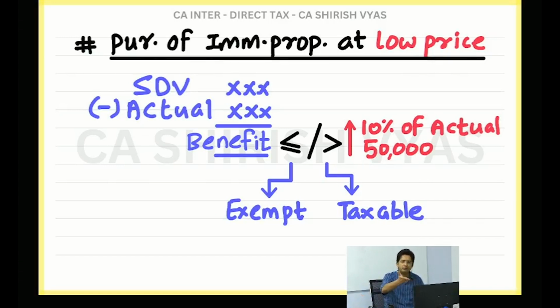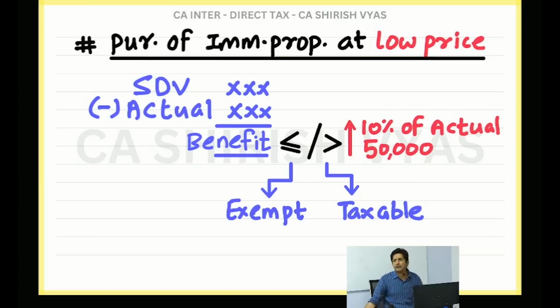And you only think if you are going to buy a house property, the seller is saying I will charge 2 crores. You will do bargaining. At least 1 or 2 lakhs you will reduce. So reducing in the price of 1 or 2 lakhs is very normal. And imagine the government would have stick to no, 50,000, if the difference is greater than 50,000 will tax you. So this way every bargainer will suffer tax.